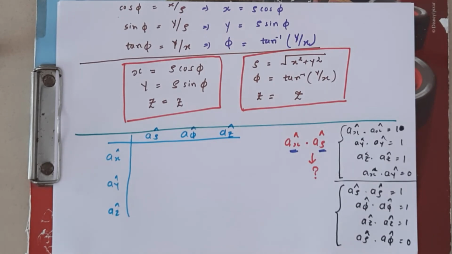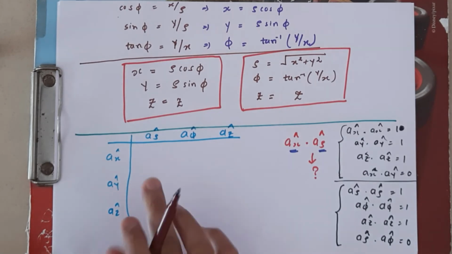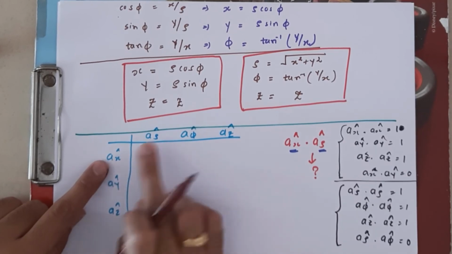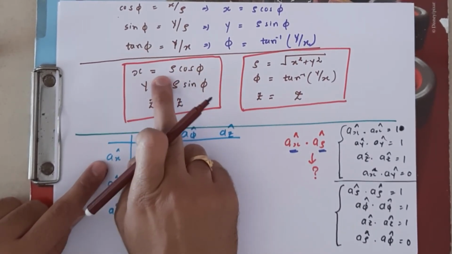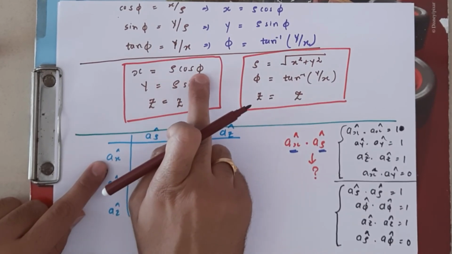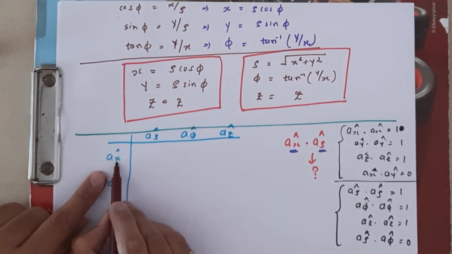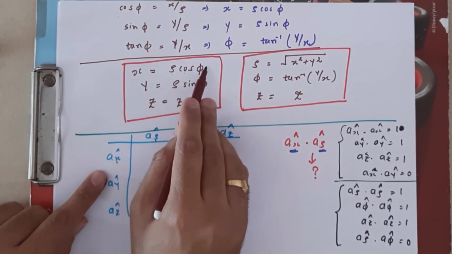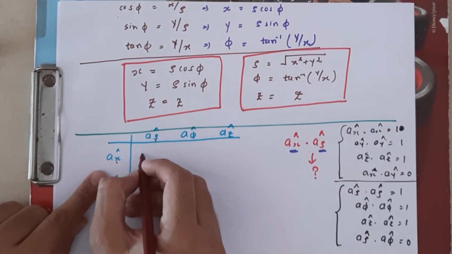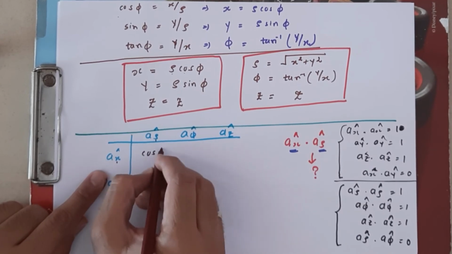Now it's very easy. First of all, I write for a_x and a_rho. If you look at this equation, x is equal to rho cos phi. Here x and rho are present, so we just put cos phi.